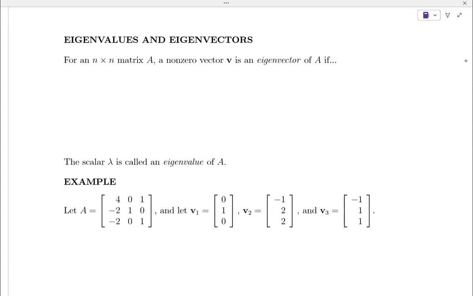So if I have a matrix A and a vector V, then V is an eigenvector of A if there exists a scalar lambda such that A times V is equal to lambda times V. Lambda is called an eigenvalue for A. V is called an eigenvector for A.